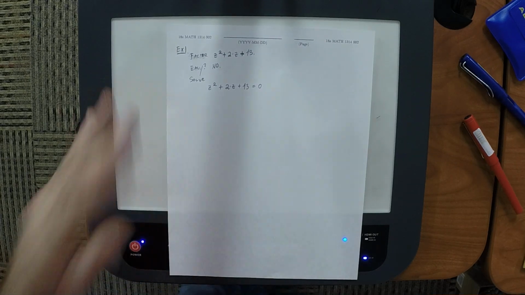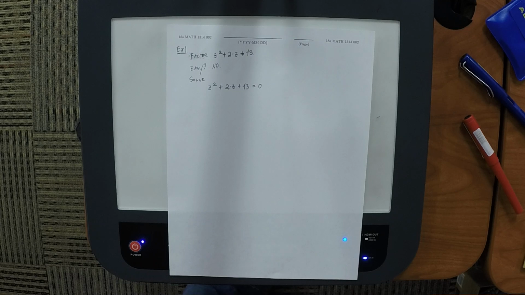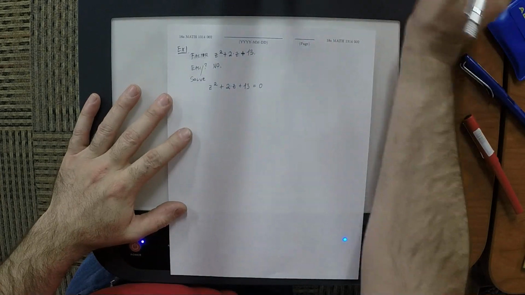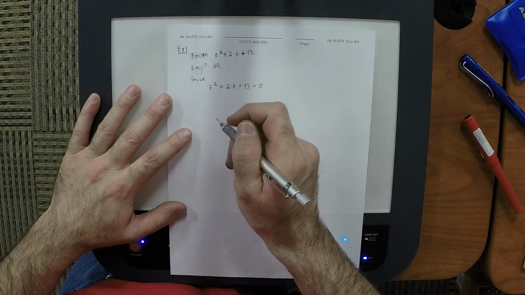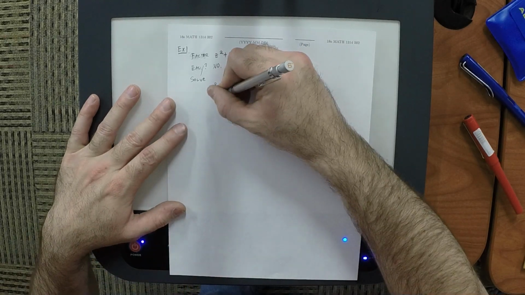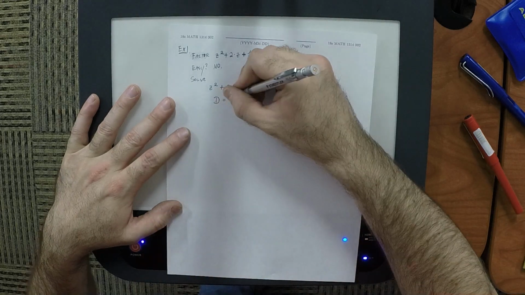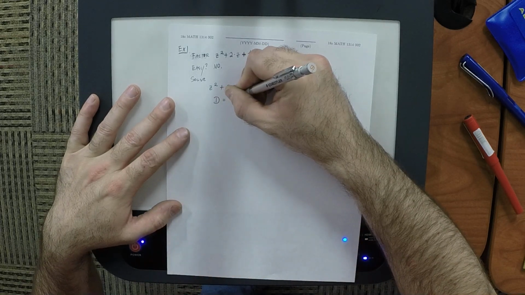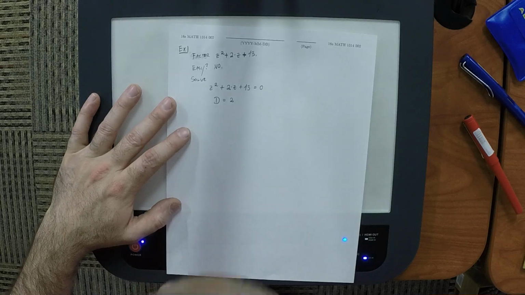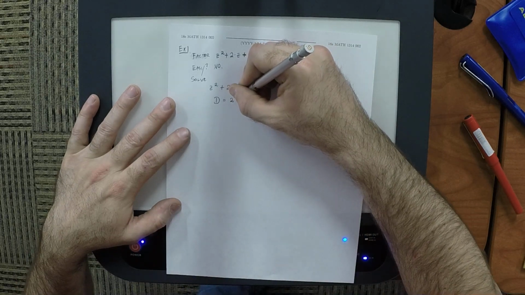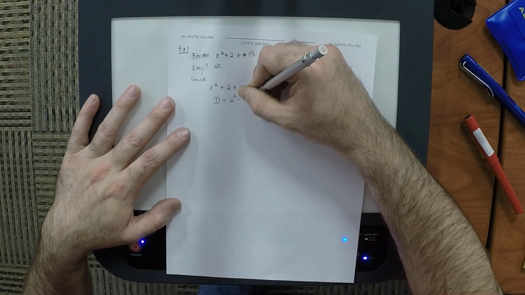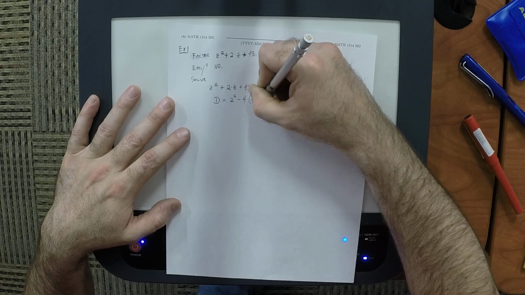But even before that, I can say, well, what's the discriminant here? It's the thing that goes in the radical, right? So 2 squared minus 4 times 1 times 13.